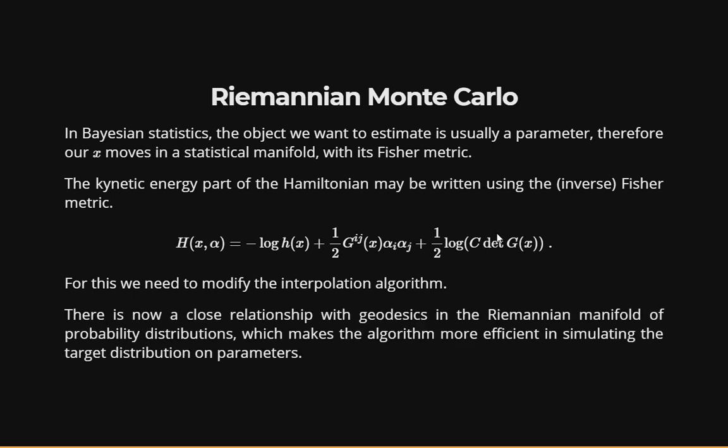But anyway, why is this useful? You get a close relationship between the geodesics in the Riemannian manifold of probability distributions and your steps in the Markov chain. And this means you can more efficiently move on your manifold of probability distributions.